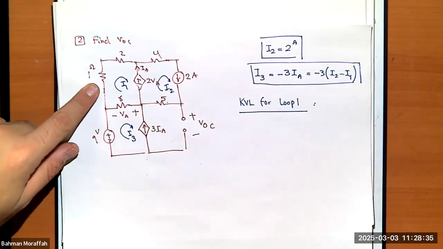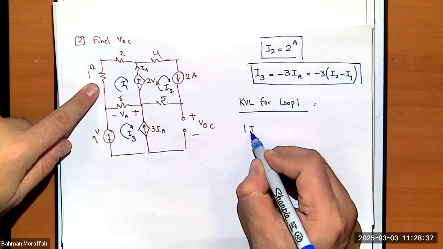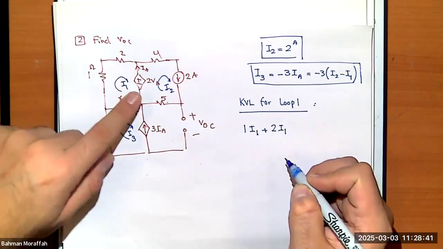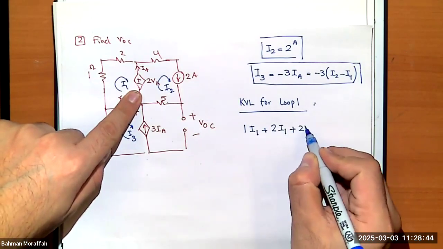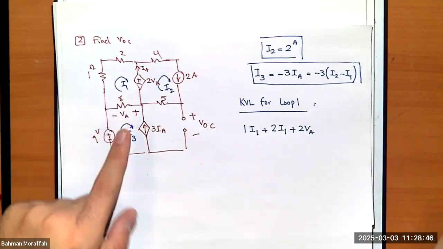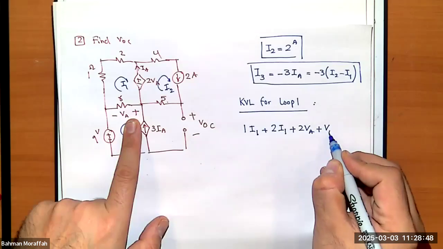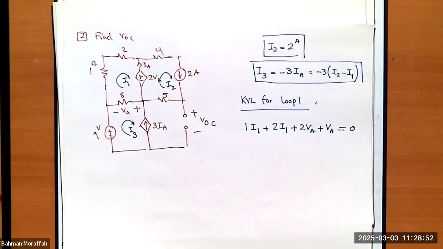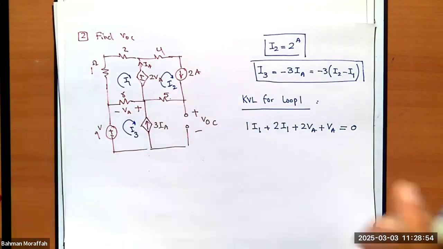Let's start here. I have 1 times I1 plus 2 times I1 plus 2 times VA plus VA. That must be 0. Right? Voltage across this 8 is VA. That's what we called it.